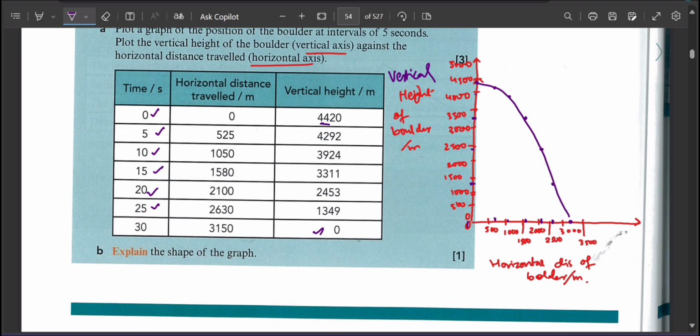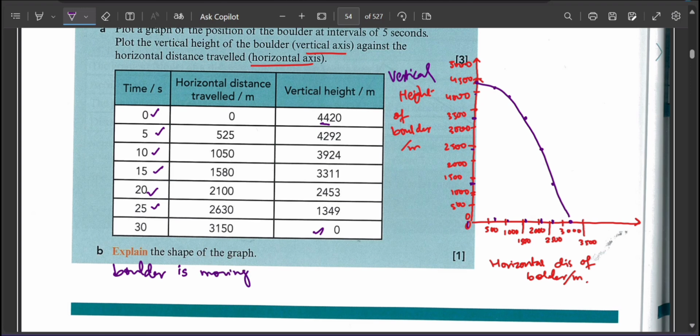So we can say the boulder is moving at a constant speed horizontally while accelerating vertically, because you can look at the tangents.